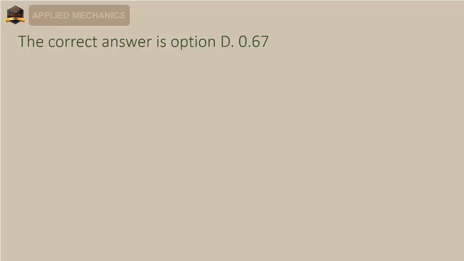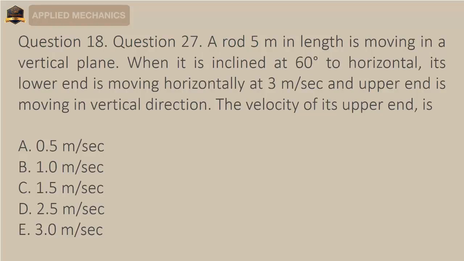Question 18. A rod 5 meters in length is moving in a vertical plane. When it is inclined at 60 degrees to horizontal, its lower end is moving horizontally at 3 meters per second and upper end is moving in vertical direction.